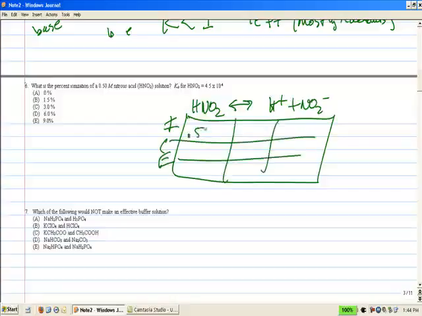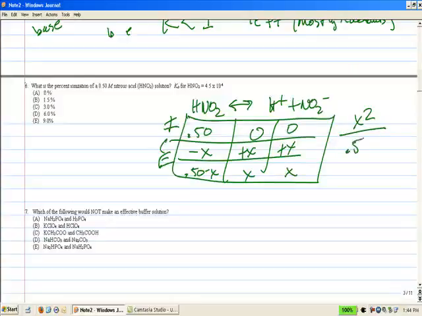We've got a 0.5 molar solution. We don't have any hydrogen or nitrite at this time. This is going to go up by x, down by x. So we're just going to have a very common x squared on top. The 0.50, we're going to make the assumption, we take out the minus x, and that's going to equal 4.5 times 10 to the negative fourth.